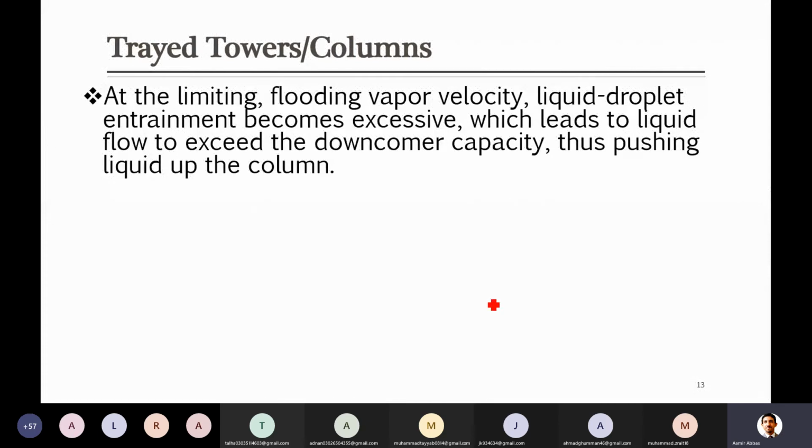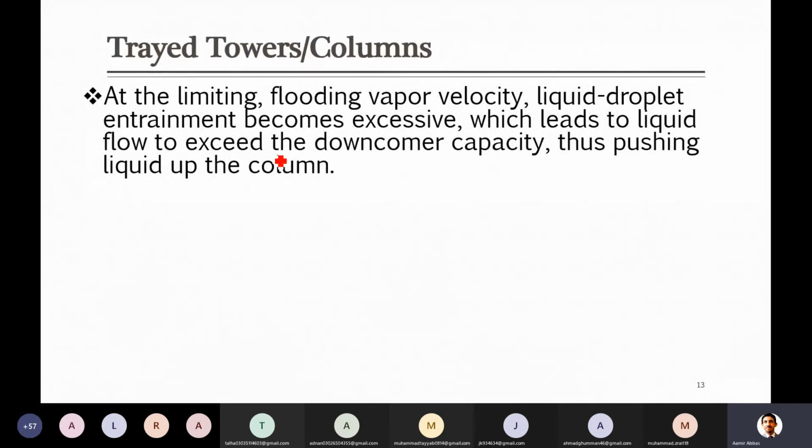So when you look at limiting flooding vapor velocity, liquid droplet entrainment becomes excessive. As I already mentioned, flooding is that condition in which vapor velocity is high and carries liquid droplets, which leads to the liquid flow exceeding the downcomer capacity, thus pushing the liquid up the column.